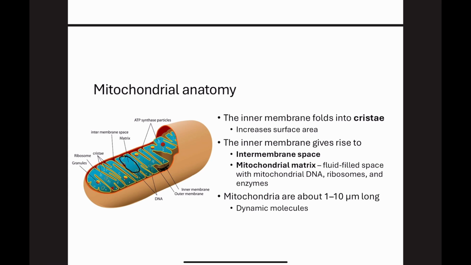The function of the cristae is to increase the surface area so that it can enhance energy production and efficiency. Our mitochondria are usually 1 to 10 micrometers in length. They are dynamic organelles, and they are capable of moving, changing shape, fusing, and dividing as the cell needs.